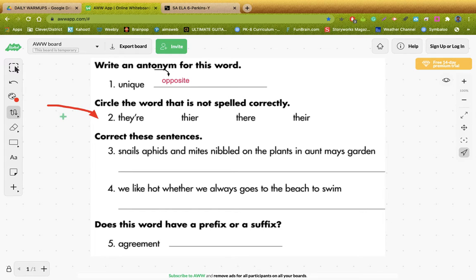Now look at number three. We're going to correct these sentences. It says snails, aphids, and mites nibbled on the plants in Aunt May's garden. I want to point out a couple things. We've got a list, and we also have a possessive noun.